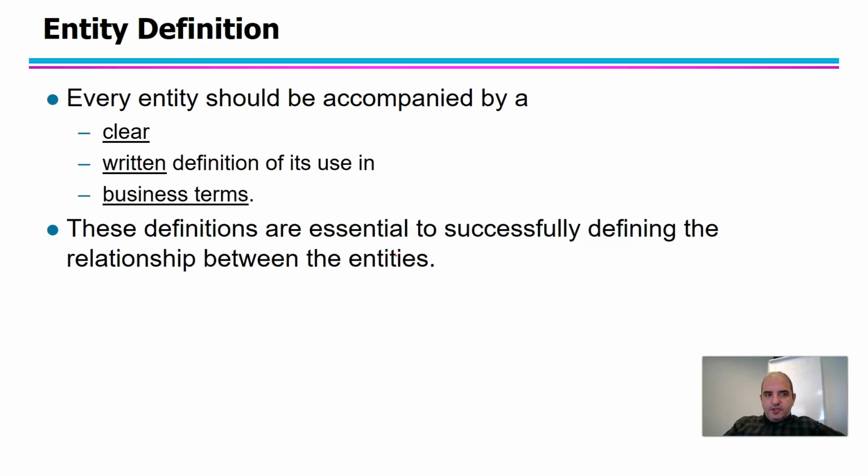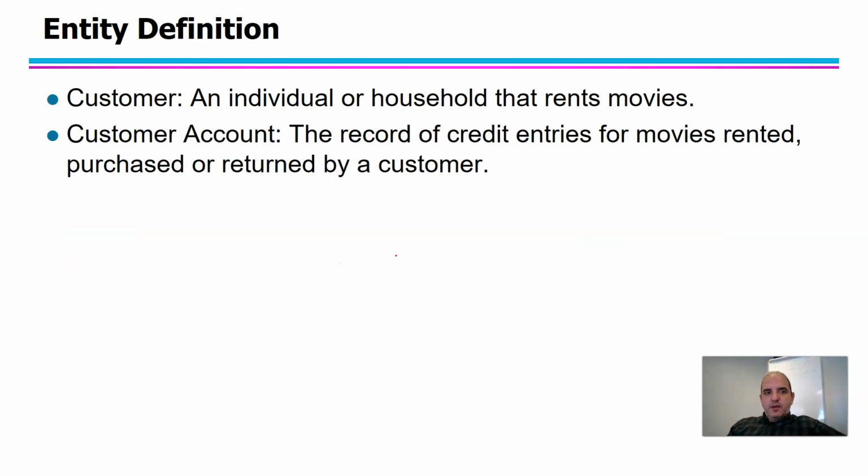The entity definition, as I said before: in a conceptual data model, we want a definition. Every entity should be accompanied by a clear written definition defined in business terms, so that all the business related people can easily understand. There can be some problems when the definitions are not correct, or you don't spend time thinking about these definitions.